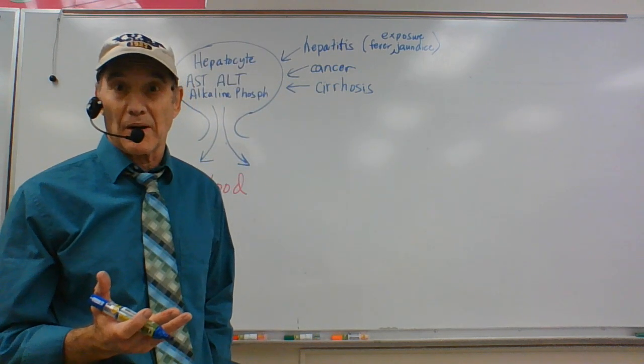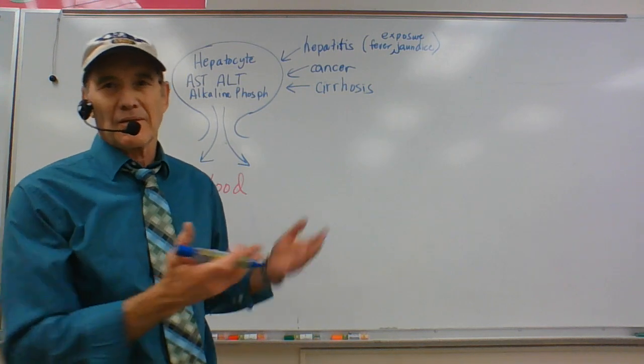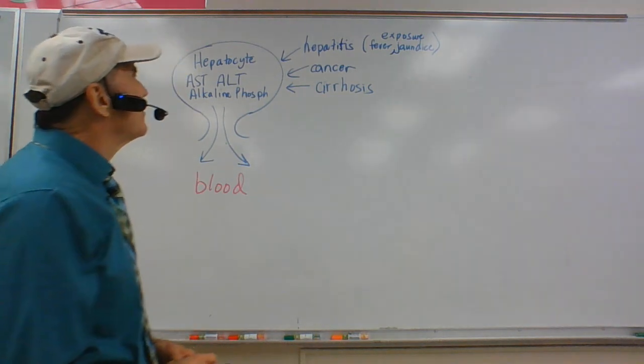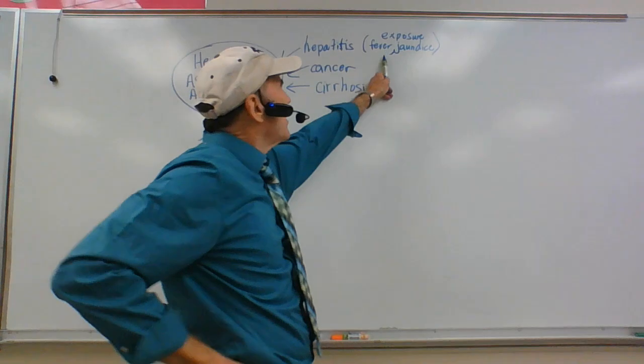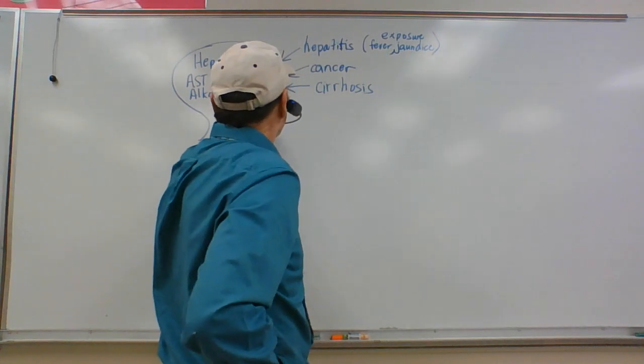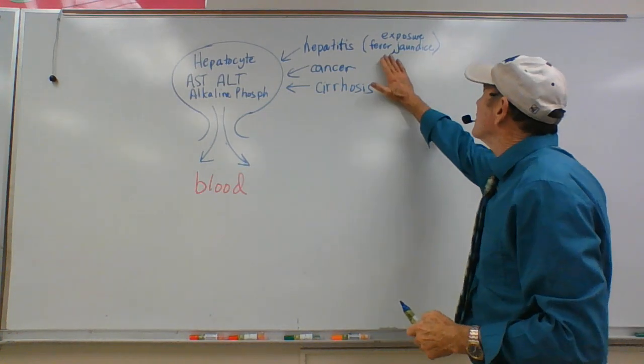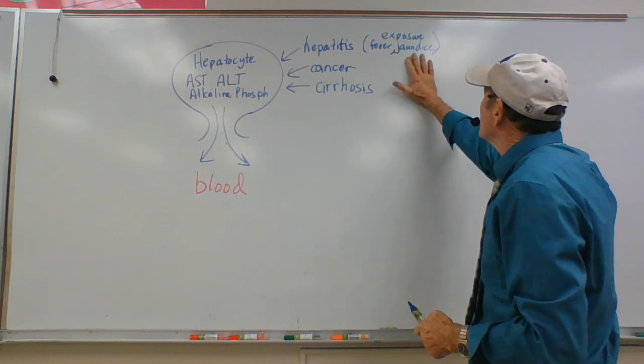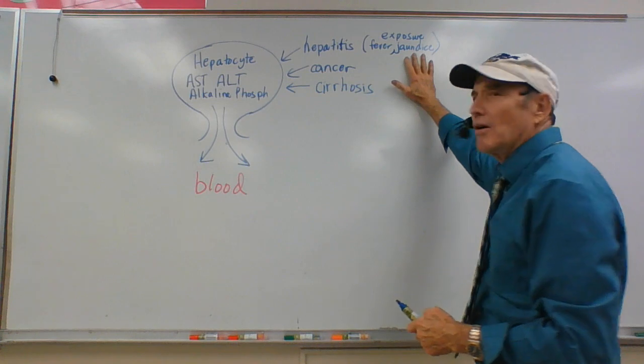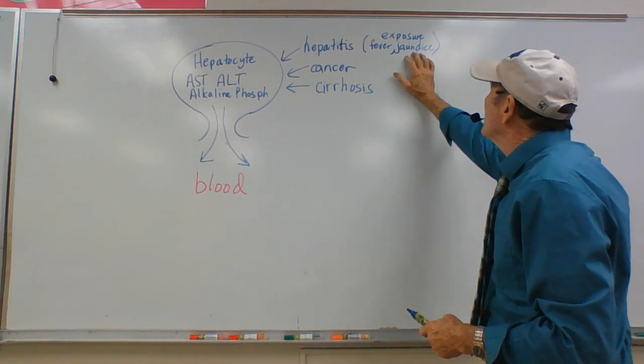That's why they're there. They're worried about it. So you've got these enzymes high in the blood. You find them with a low-grade fever. They're a little bit jaundiced, maybe, depending on how far along the hepatitis is.